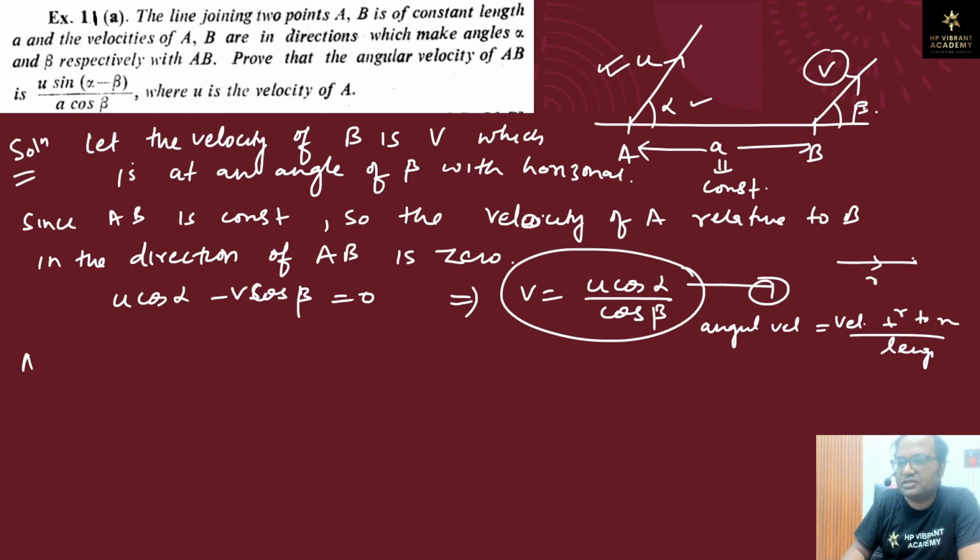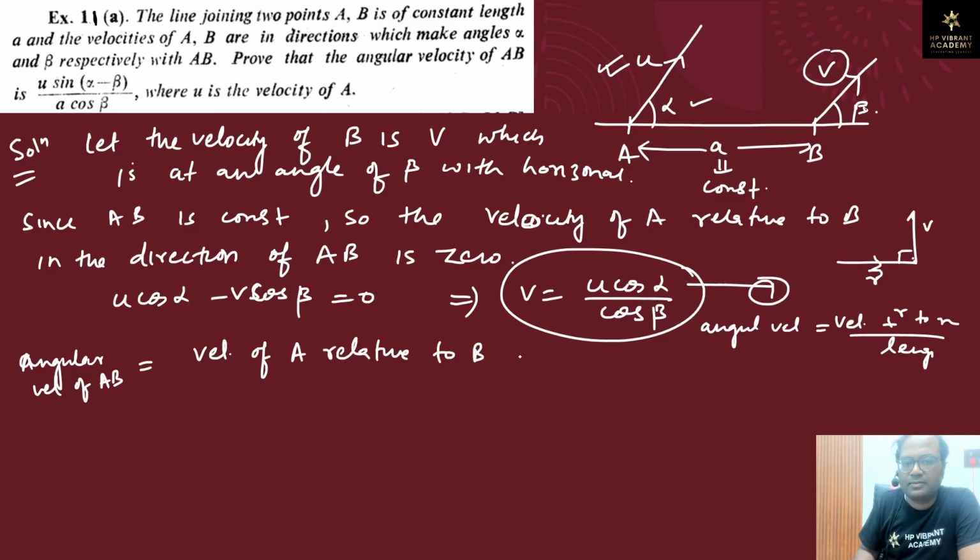Suppose this is the radius vector; we take the velocity perpendicular to it. So the angular velocity of AB is equal to the velocity of A relative to B, perpendicular to AB.